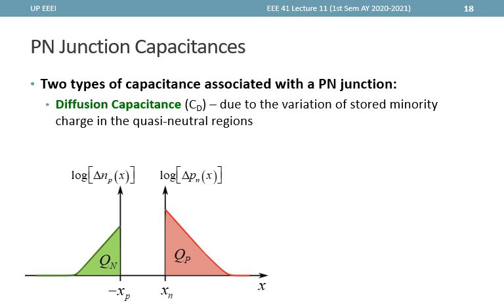So say we apply some incremental voltage delta V, which is positive, then this excess carrier concentration will change and we'll get slightly more charge. Now, if we apply some delta V that is less than 0, then we'll get a slightly smaller amount of charge.